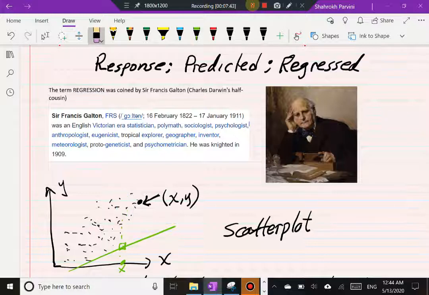So I guess we have a consensus here that this is not the best line of fit. This is not a good line, so we're going to remove it. Now let's take a look at another line I'm going to draw here. Is that a good line for prediction?